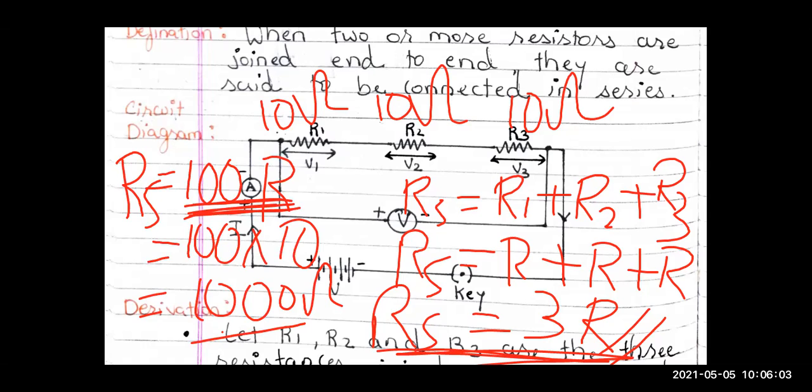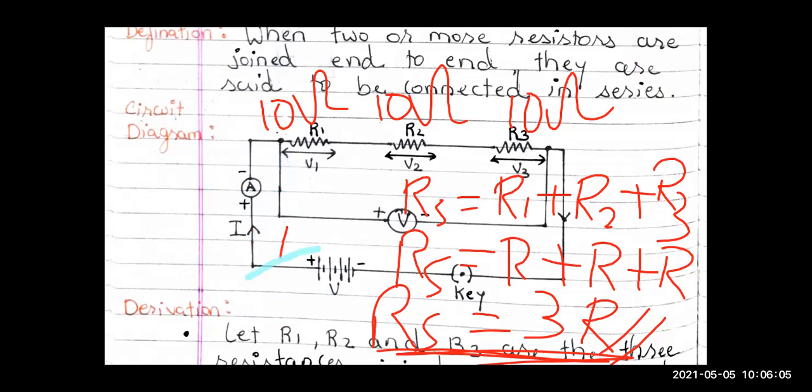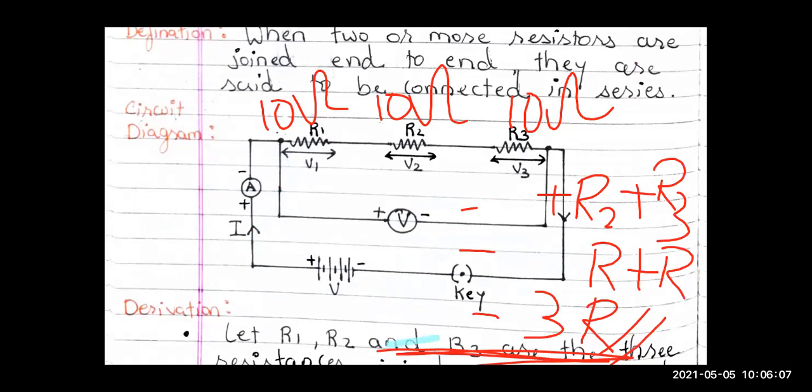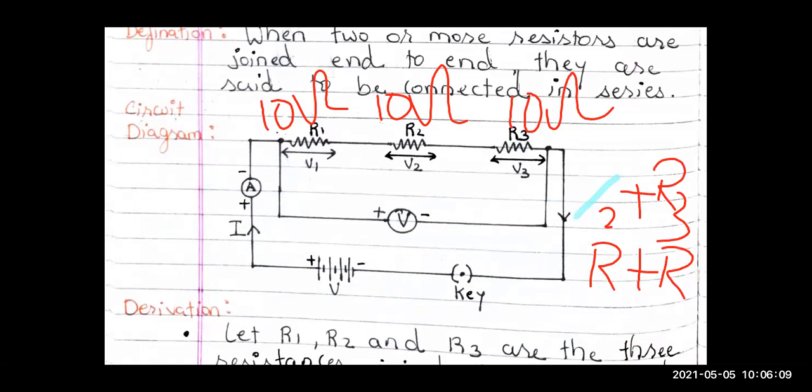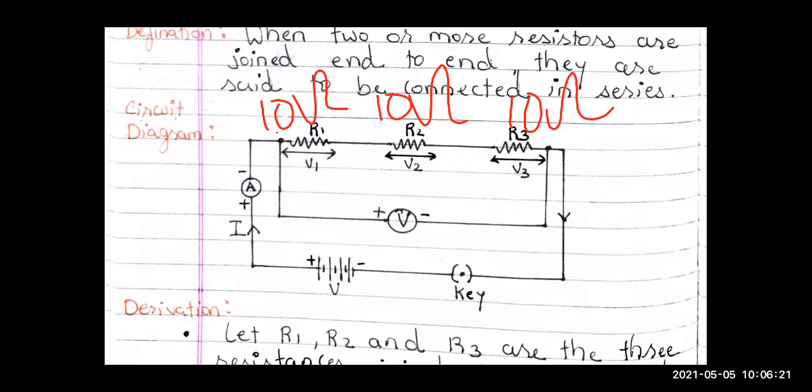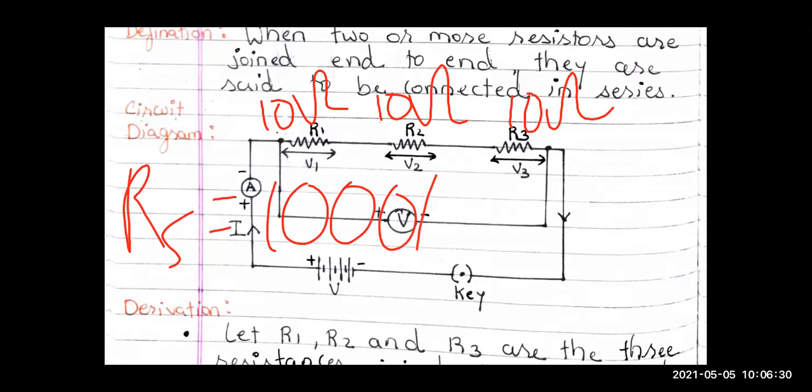If I am connecting n resistances, because children, in our day-to-day life, we have such complicated circuits in which there are thousands of resistors of equal value connected in series. So for that, how are you going to do the calculation? If we connect 1000 equal resistors in series, our resultant will be RS equals 1000 R, right?